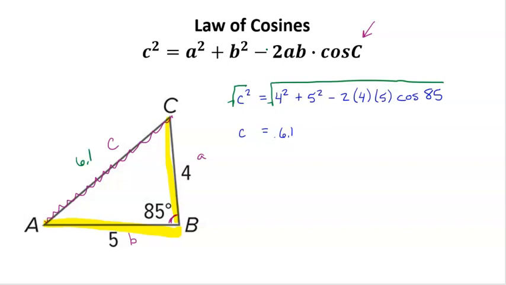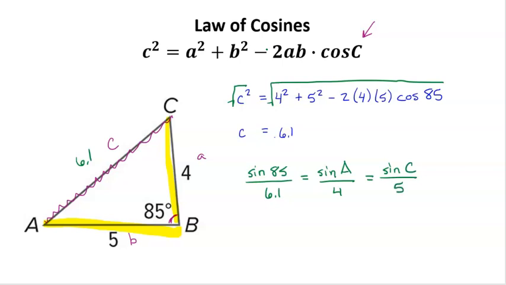Now from here, if I wanted to figure out what my other angles are, I can now use the law of sines. And so now I would have the sine of 85 over its opposite side is equal to the sine of angle A over its opposite side, over the sine of C and its opposite side.